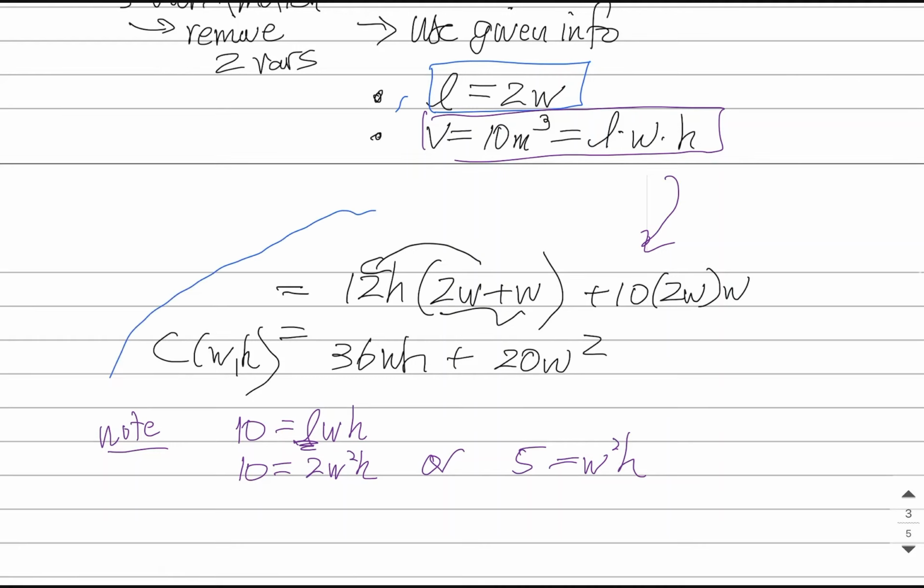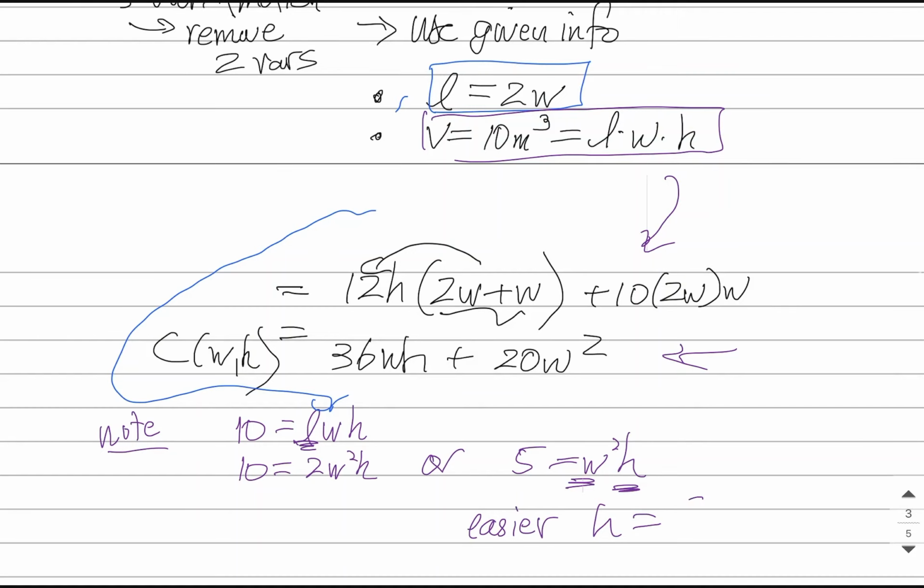So, at this point, we have to make a decision. Should we get rid of the W squareds or the H's? Because this equation is given to us in terms of a W squared, and we have a single W in our cost function here, it probably ends up being a little bit easier to just solve for H.